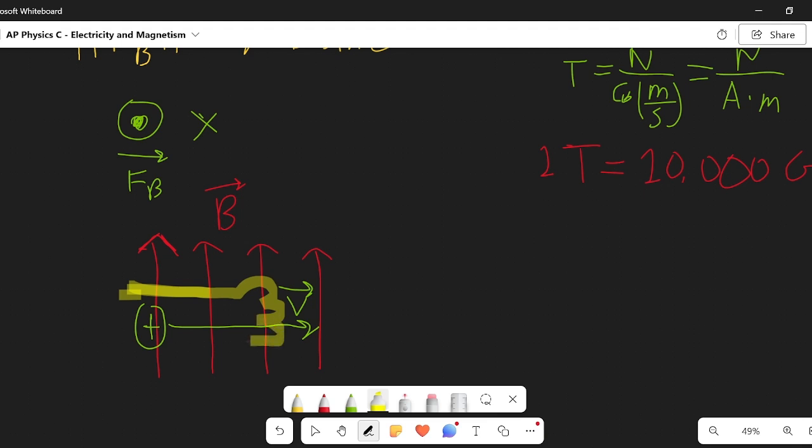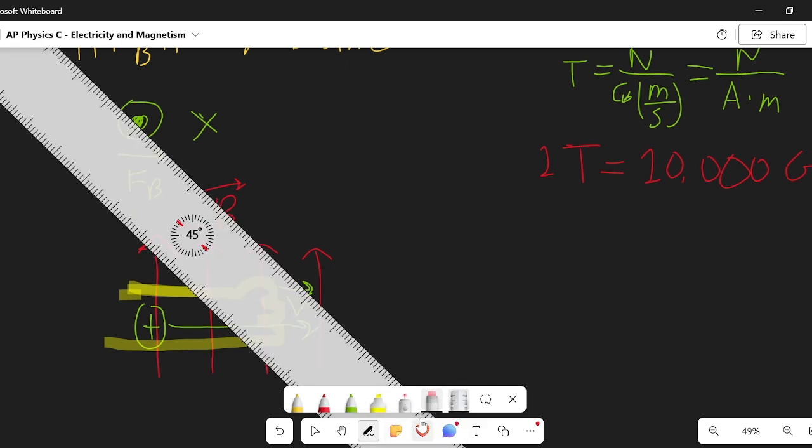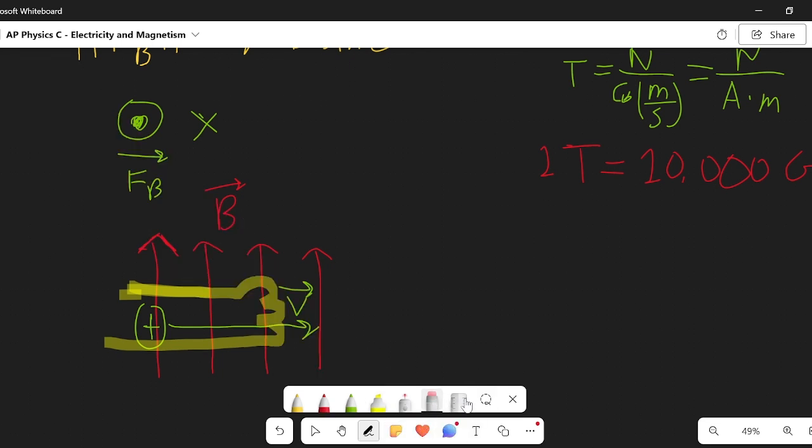You'll be pointing in the direction of the velocity. And then you will want to curl in the direction of the magnetic field.